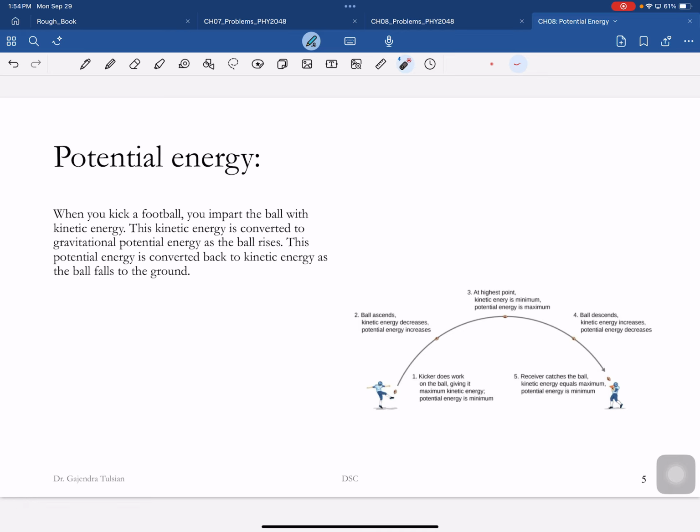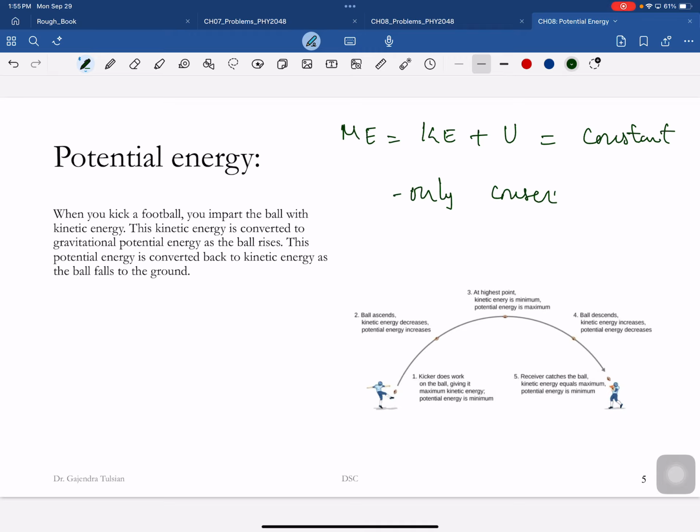So when only a conservative force acts, what we'll learn is that when an object moves, everywhere along the trajectory, the sum of kinetic energy plus potential energy is constant. This is called mechanical energy, and this is true when only conservative forces act.